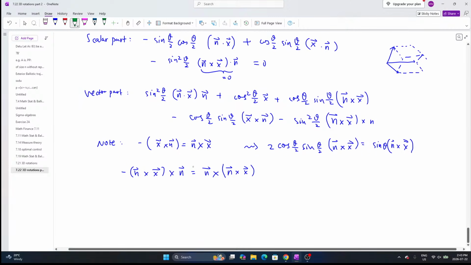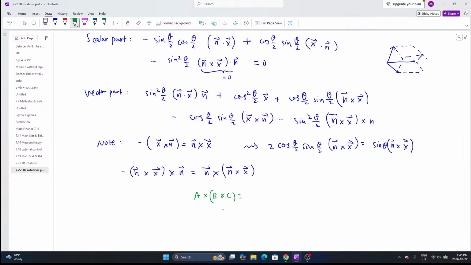So let's recall the formula. A cross B cross C, where B and C are crossed together. So that's the ABC-CBA rule, which we call the back of the cab rule. So that's B times A dot C minus C times A dot B. So it's back and cab. So that's the formula we derived yesterday when we reviewed vector algebra in 3D.